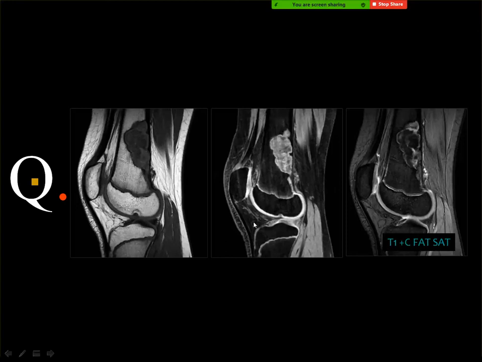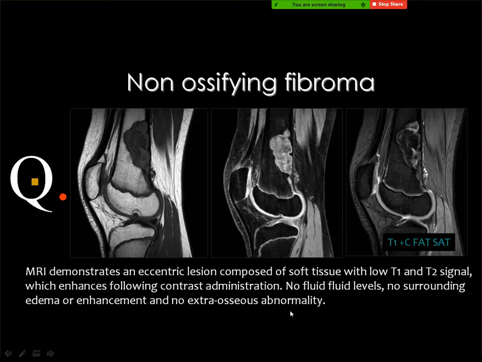This is T1, T2 or STIR, and this is T1 fat sat post contrast showing this lesion. The lesion is cortical based and does not cause expansion of the bone, and the patient is young. Then you diagnose this as fibrous cortical bone defect or non-ossifying fibroma.